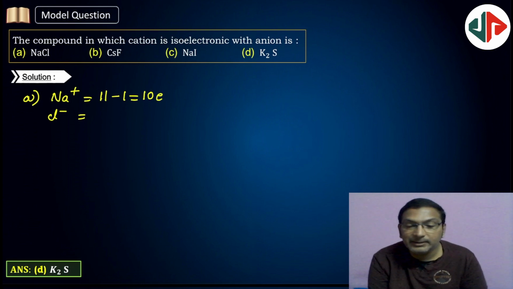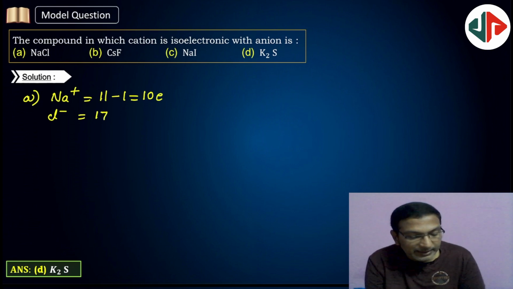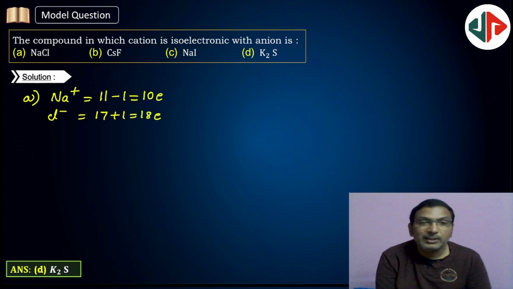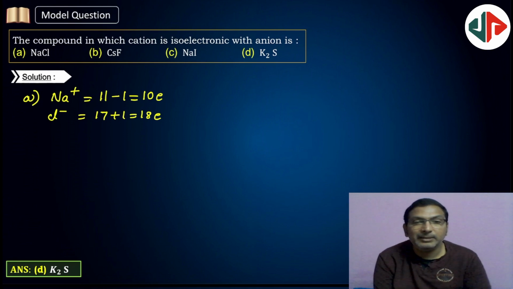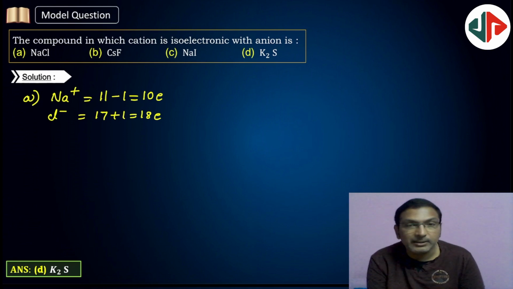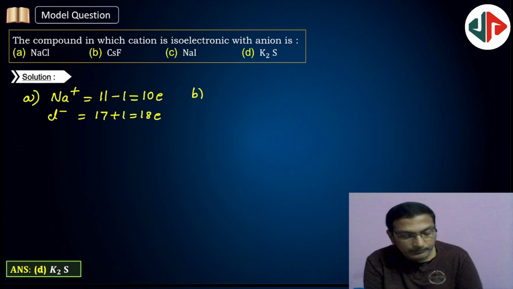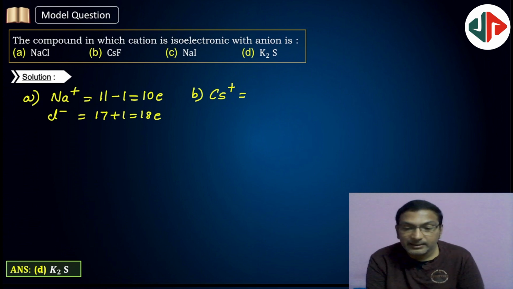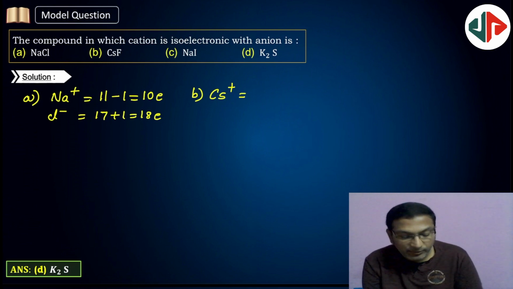Cl minus. Cl atomic number 17. Minus 1 means here take plus 1. 18 electrons. So these two are not isoelectronic. Different number of electrons. Check option B. In option B, cation is Cs plus, cesium plus. Cesium atomic number 55.